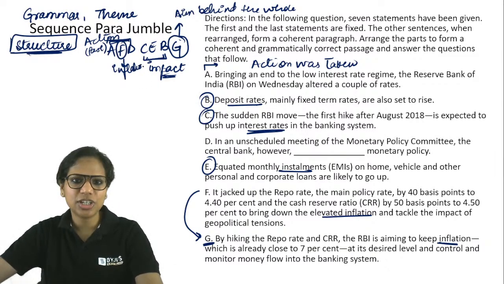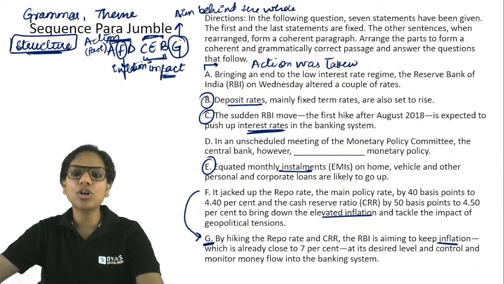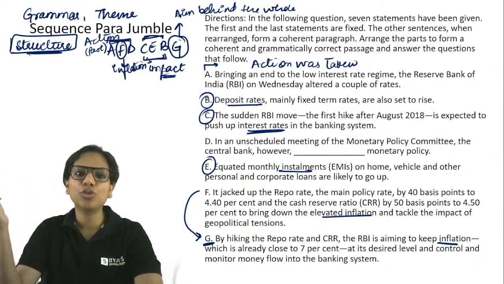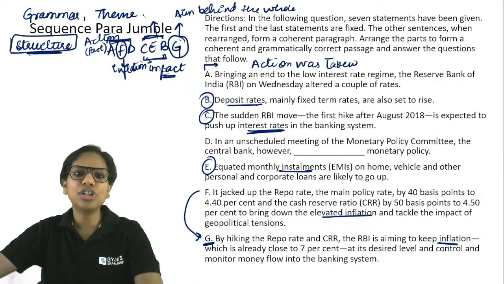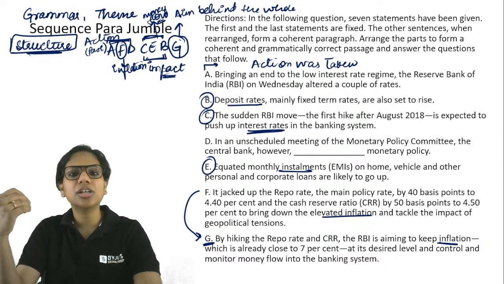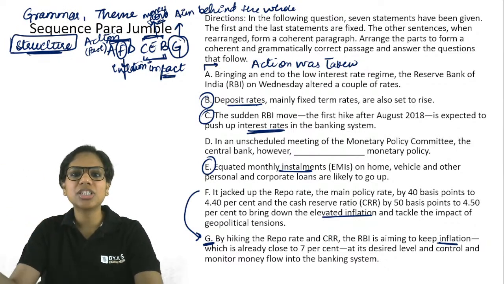We have addressed inflation here, and the CEB talks about controlling and monitoring money flow, right? ये money flow ही तो monitor होएगा इससे जब interest rates आपने increase कर दिए. Let's say interest rates increase हो गए, less people will take loans. Interest rates have increased, more people will deposit. So what are you doing? You're controlling the money flow into the banking system.